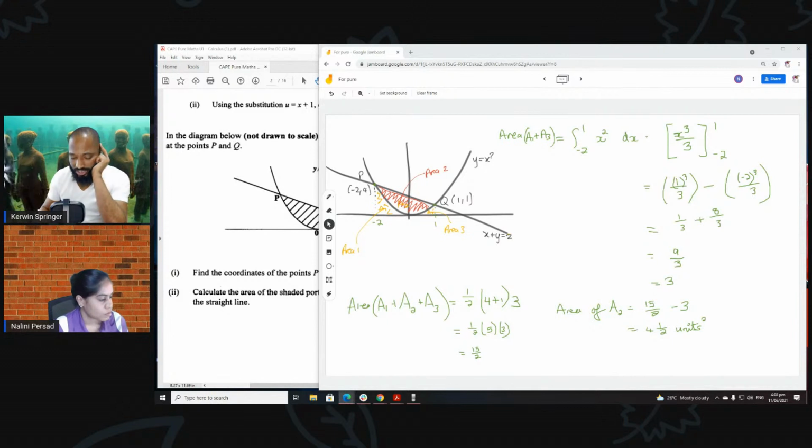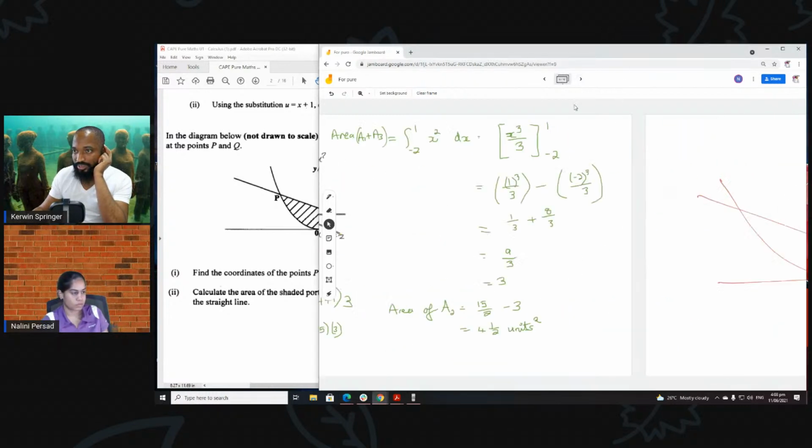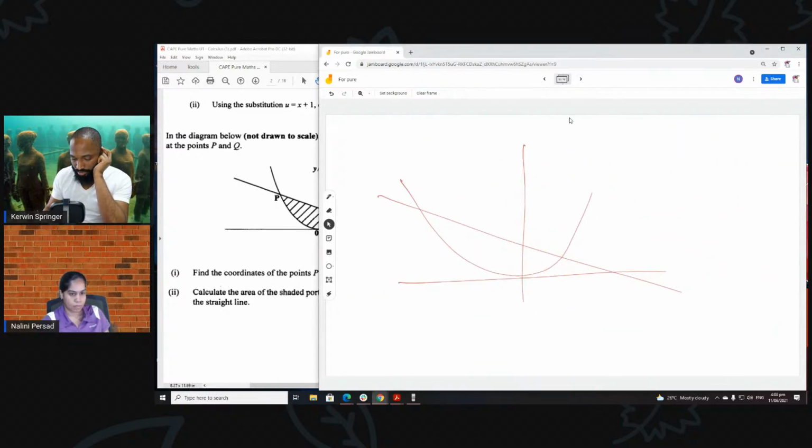Let me go on a new page here so you can see the diagram a little clearer. What Miss did was, if I use dotted lines here instead, there's really two areas in the question, this and then this little piece of area here.